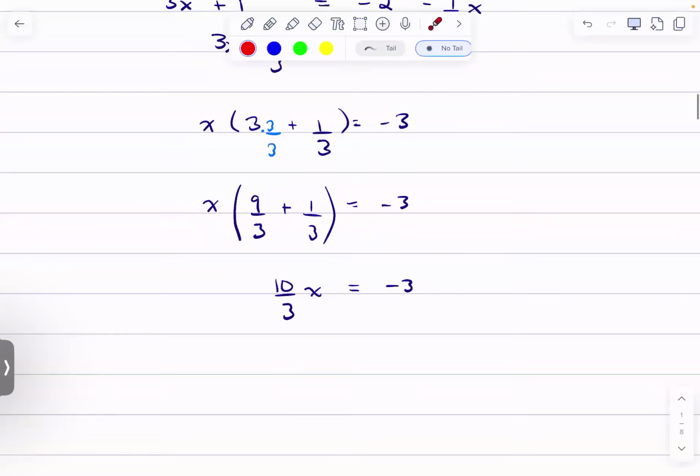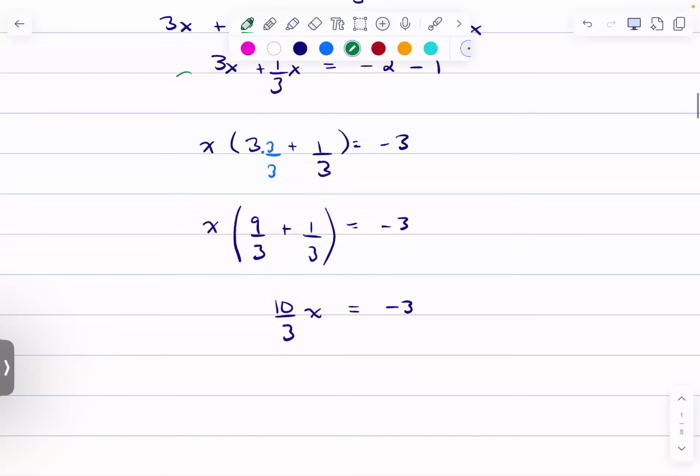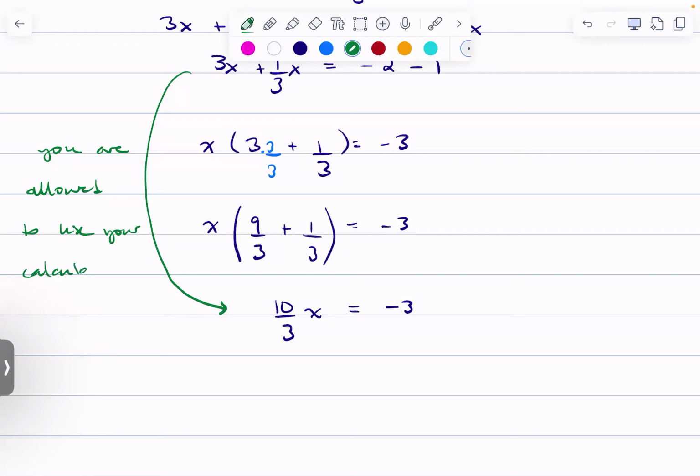Well, I'll make a note here, right? You are allowed to use your calculator. But it's nice to have a kind of a safety net, right?